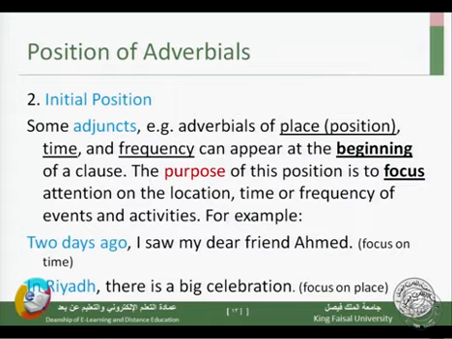The speaker thinks that the time is important, and this is why he put it at the beginning. Usually we will say, I saw my dear friend Ahmed 2 days ago. We can also say 2 days ago, comma, I saw my dear friend Ahmed. So we put 2 days ago at the beginning to make it the focus of attention, because the speaker thinks that the time is important in this sentence.